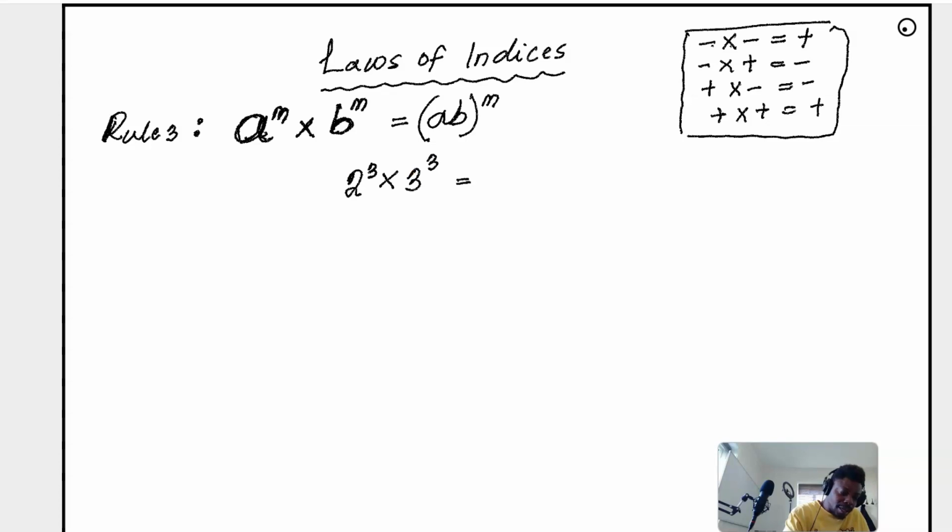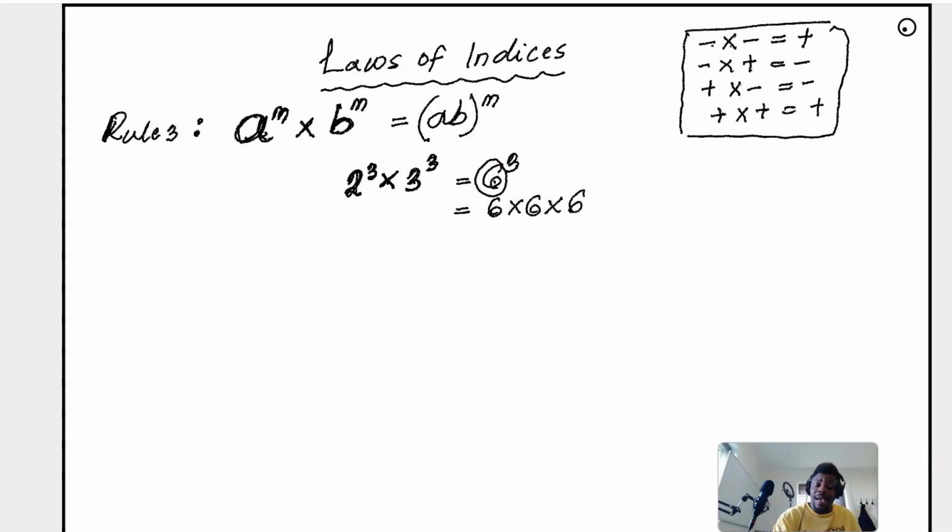Here, you can see that the base here is 2 and the base here is 3. You are multiplying. But here you have the same power. So once you have the same power and you're multiplying the bases, you can say 2 times 3, that is 6, and you maintain one of the power. So this is 6 raised power 3. That means 6 is multiplying itself 3 times.